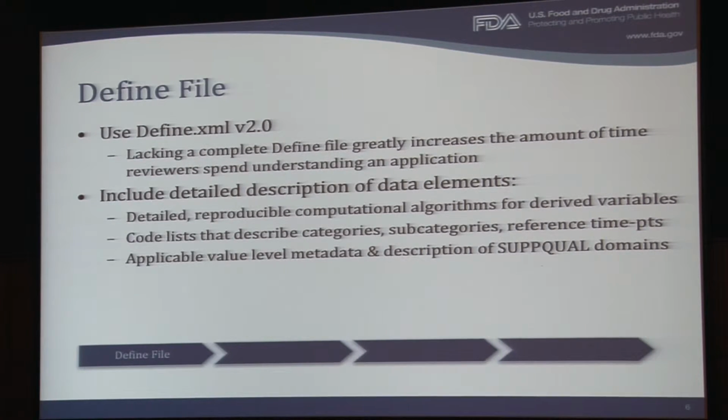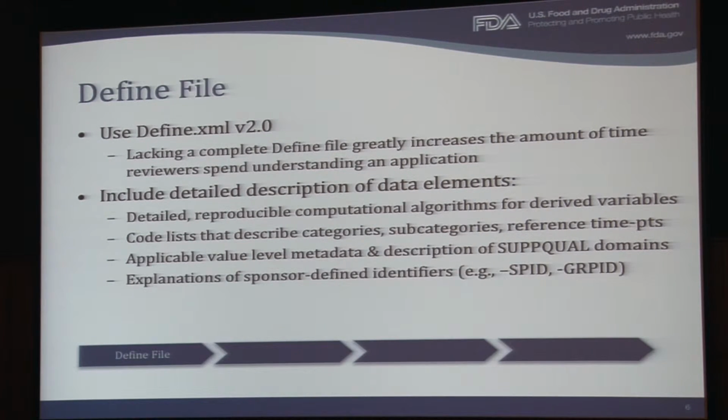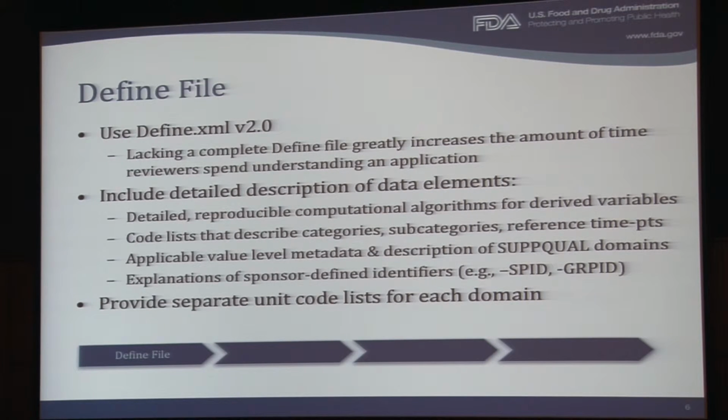So code lists that describe categories, subcategories, and reference time points, and applicable value level metadata and description of supplemental qualifier domains, and adequate explanations of sponsor-defined identifiers. Lastly, separate unit code lists should be provided for each domain.